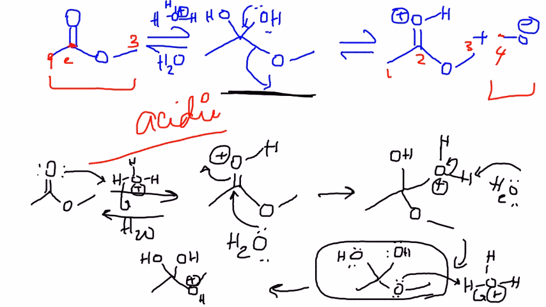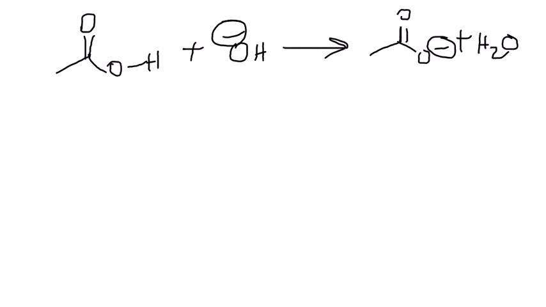When the lone pair of electrons kicks back in, methanol is the leaving group, not the methoxide ion. So be careful: if you have an acidic solution, you cannot have negatively charged species or intermediates in there.